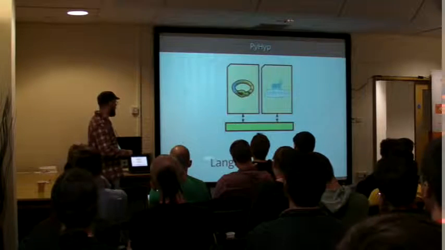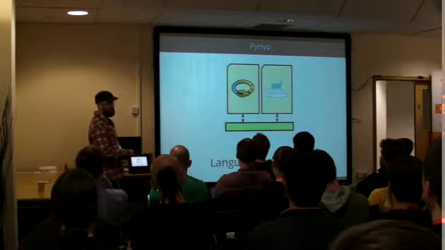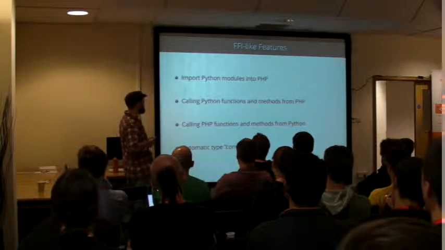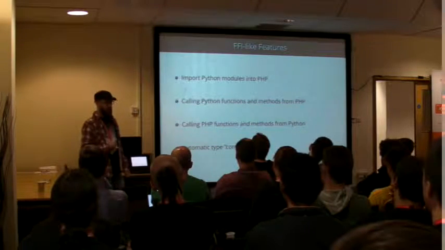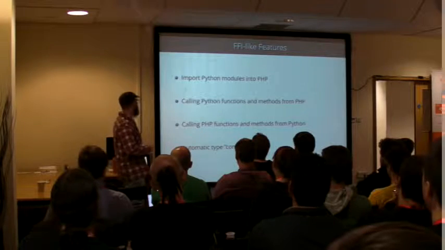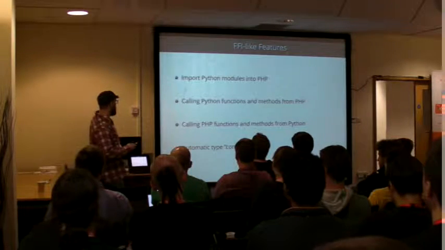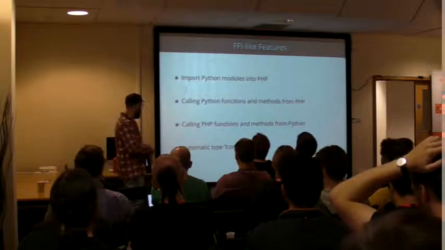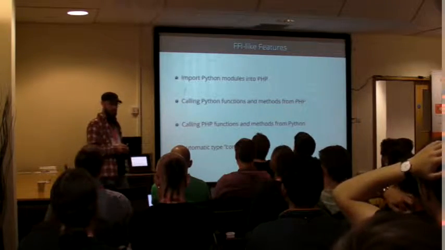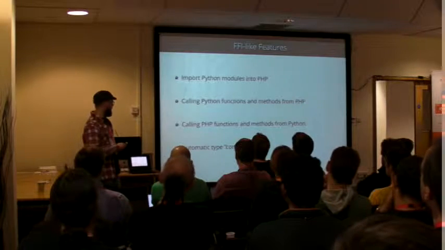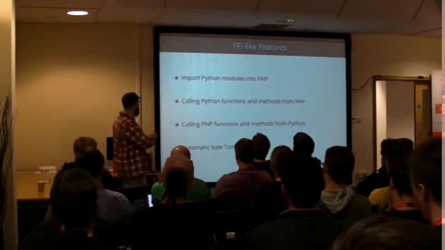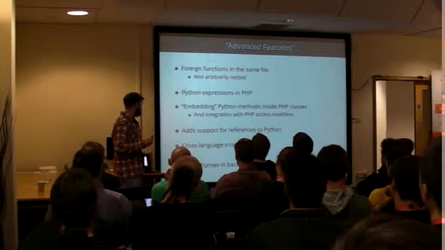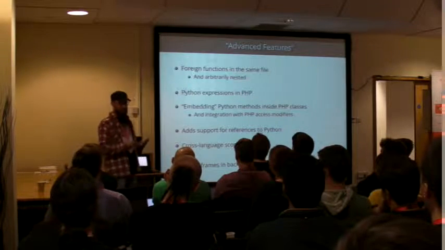And of course, we have to use a language box in it, so we can't parse the two things at once. So what can we do in this language? We have all of our usual FFI-like features that you'd expect to see. So you can import Python modules into PHP, you can call functions between the languages, and there's a type conversion layer much reminiscent of that in Python, if anyone's worked with Python before. So there's no surprises there. This is where it gets interesting. We have these more advanced features, so you can put your functions from the different languages in the same file.